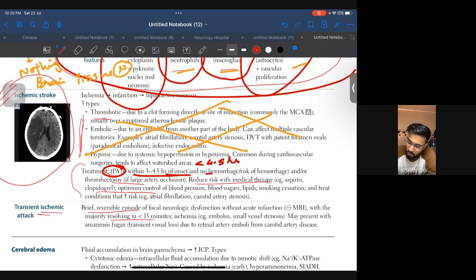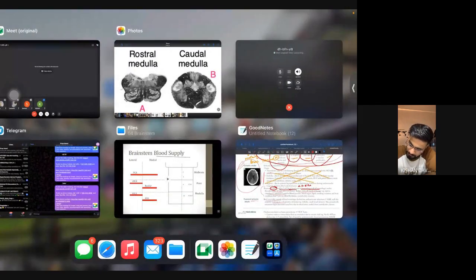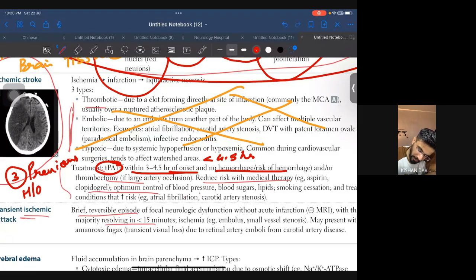There is no risk of hemorrhage. They have not given another one over here, I'll write it down for you. No risk of hemorrhage. Third, previous history of surgery. Then INR greater than 1.7.